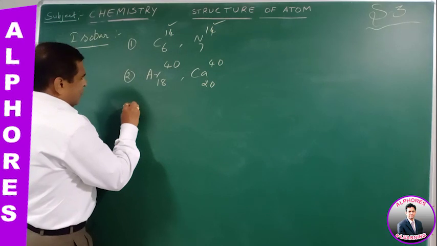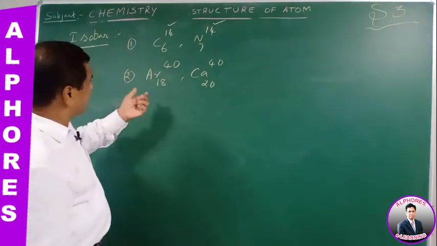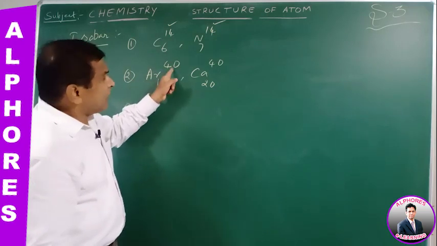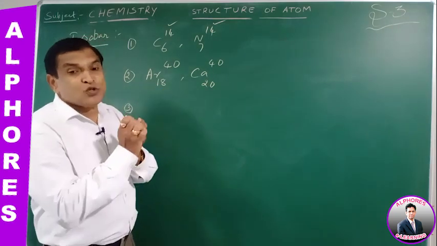Once again, what are isobars? Atoms of different elements with the same mass numbers but different atomic numbers are called isobars.